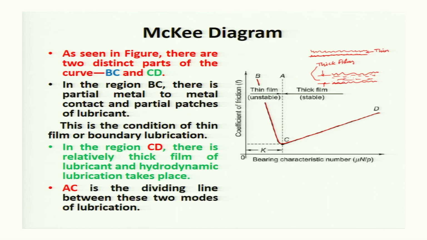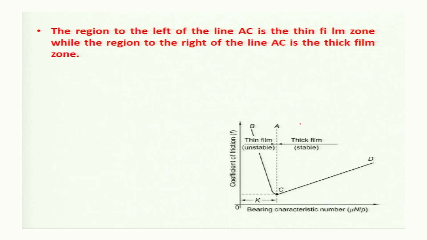AC is the dividing line between these two modes of lubrication. The region to the left of the line AC is the thin film zone, while the region to the right of the line AC is the thick film zone.